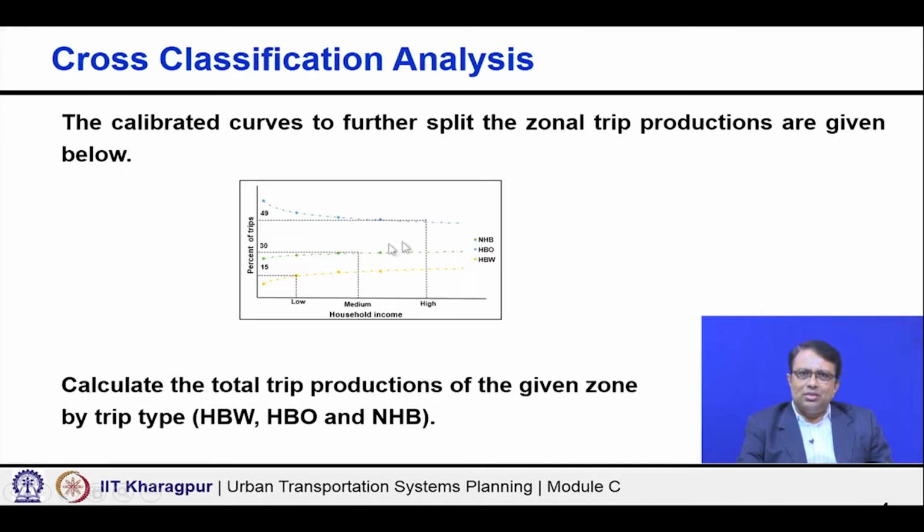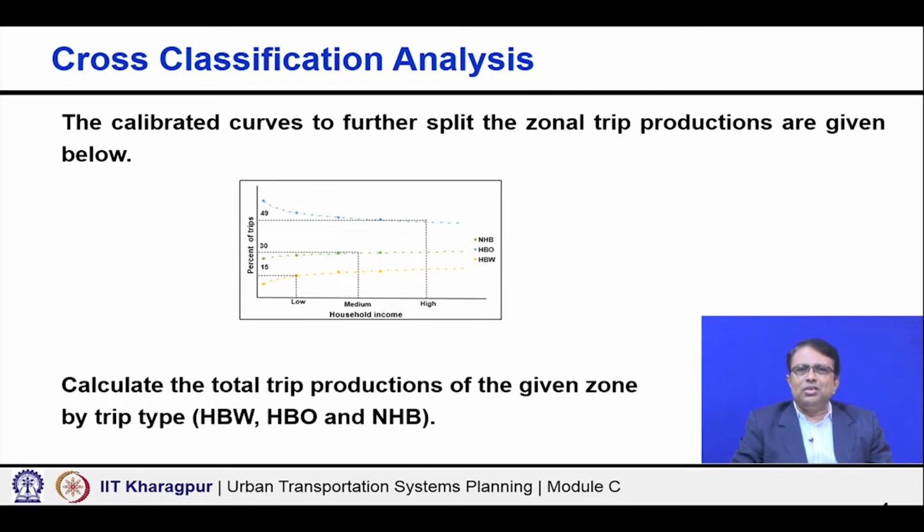Then there are 3 curves: one is for home based work, the red one, and the other 2 are home based other and non home based trips. The y axis represents percentage of trips. So, from the first one, the trip rates for each category, you can get the total number of trips in that zone, and then this curve can help us get the percentage of total trips under home based work, home based other and non home based trips.